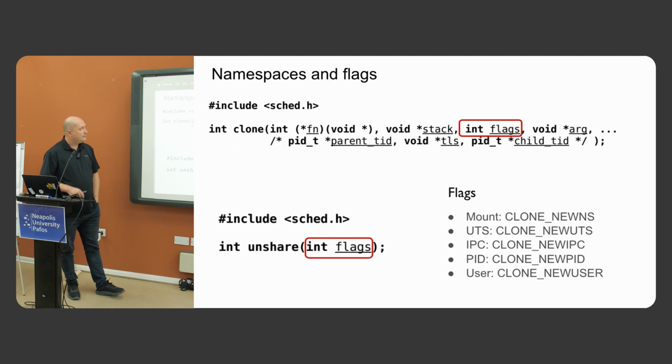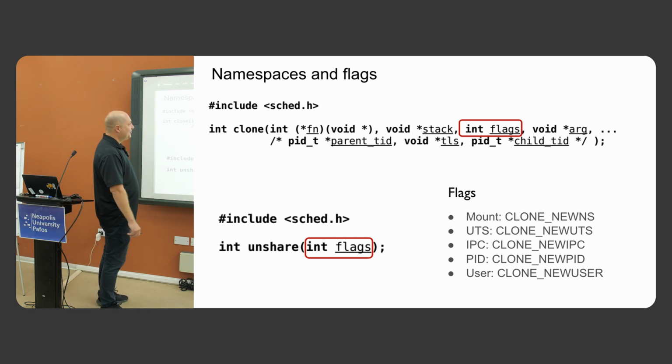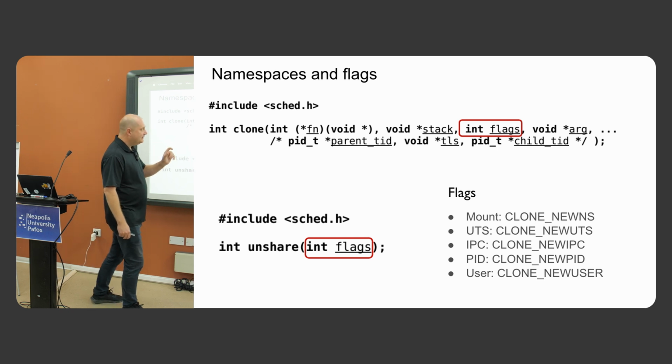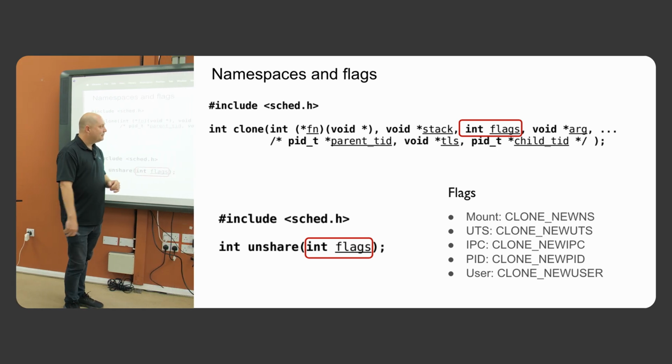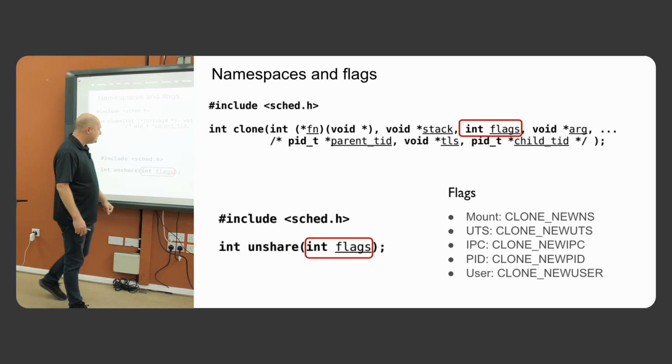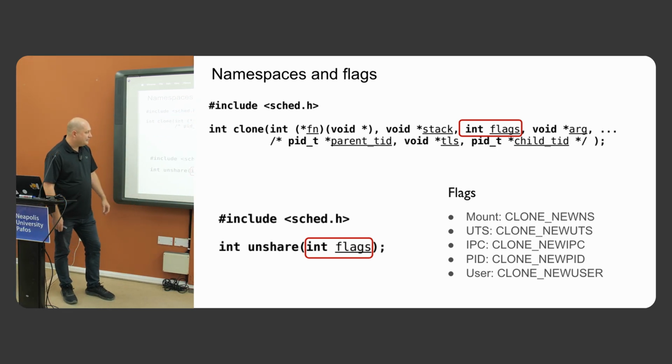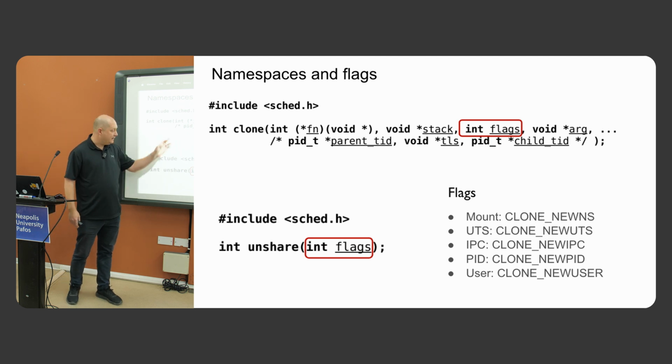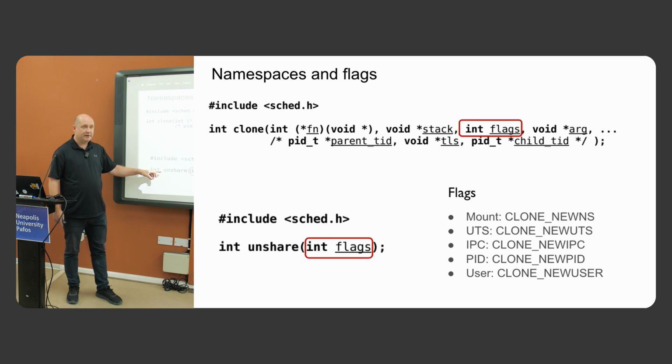Clone, especially for you. So look, this is clone. This is the signature for clone. The key part of clone related to our topic is flags. These flags are the same for fork, for clone, sorry, and for unshare, right?